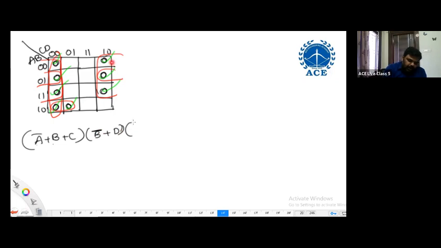A equal to 0, D equal to 0, which is A plus D. What about this one? C plus D, but which is becoming extra, unnecessary, redundant.